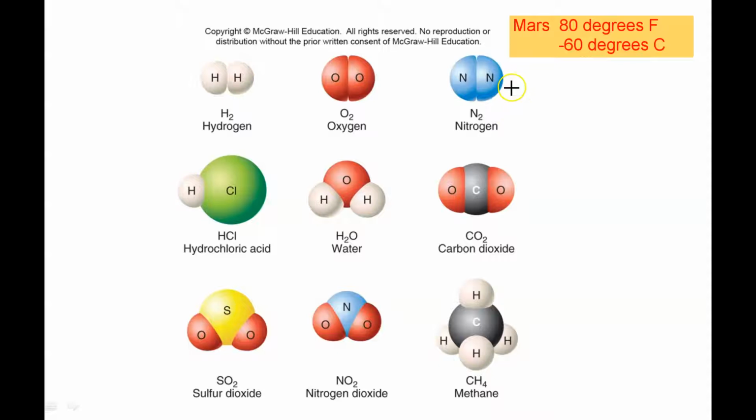Now let's take a look at a different planet in the solar system. It's also quite interesting. And this is a very hot planet. The average temperature of Venus is 864 degrees Fahrenheit, which is very, very hot.